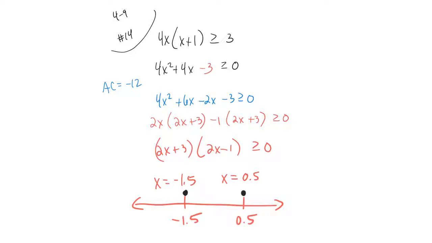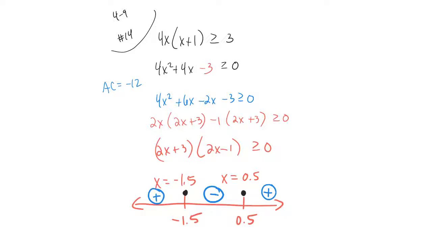What line of the process do I test my point in? It's a lot easier if you test in the factored form. If you haven't been doing that, I mentioned it in the video for homework, but in case you forgot, please test your value here where I'm pointing right now. So when I test the 0 in here, it makes it easier. Look, this drops off and this drops off. It becomes 3 times negative 1. It's just a negative number, isn't it? So test 0 in the factored form. This becomes a negative region, positive region, positive region.